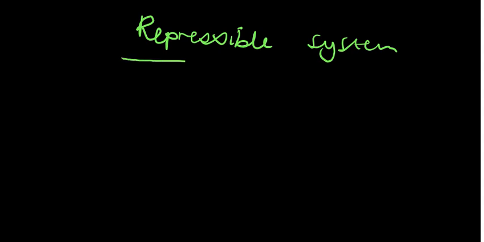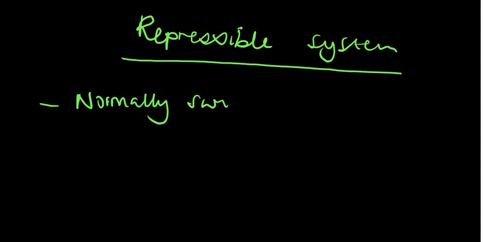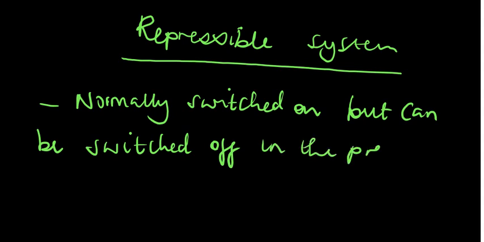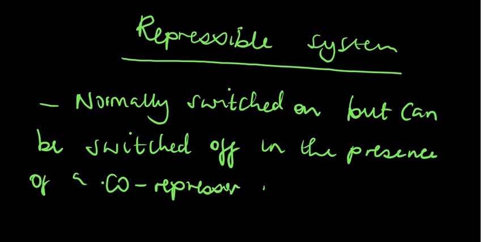A repressible system is normally switched on, but it can be switched off in the presence of a co-repressor molecule that suppresses gene expression.